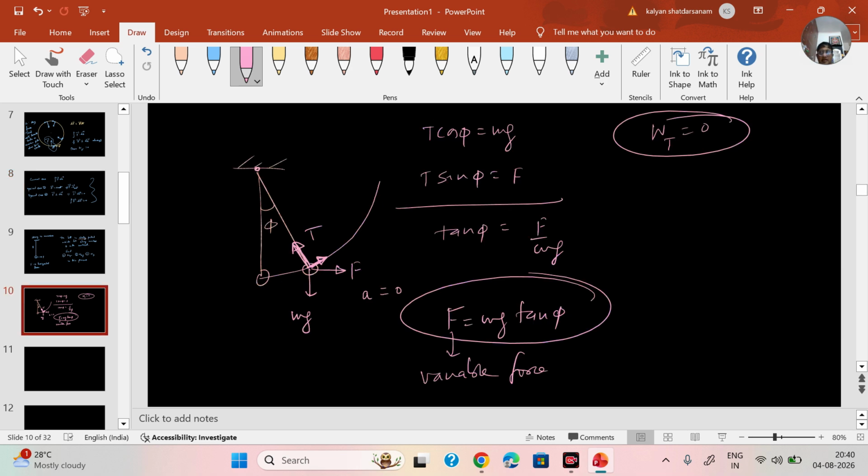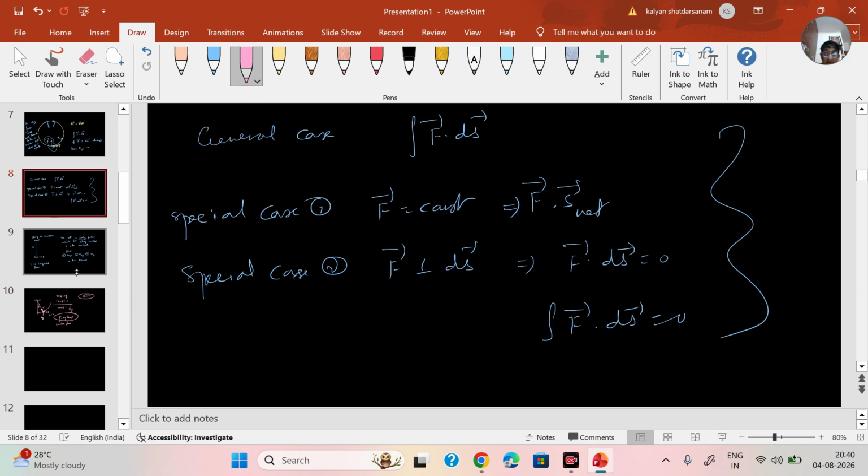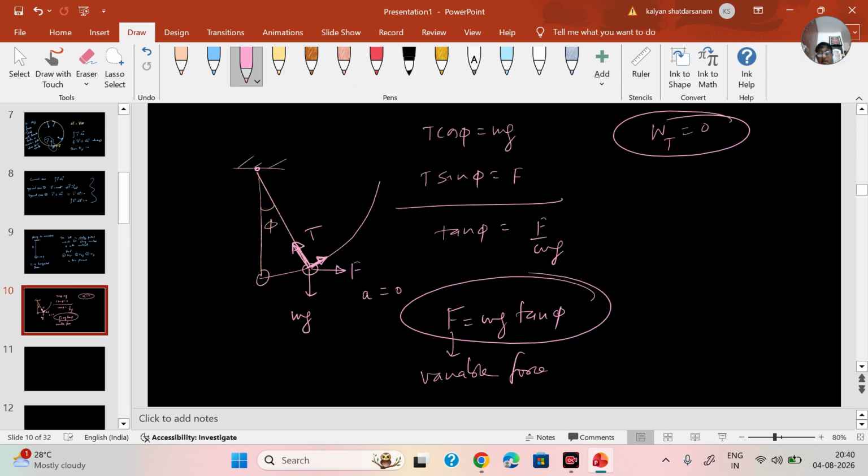That is the idea behind tension here. Next, we have to find work done by mg, which is a constant force. That goes into special case 1. So I have all the cases here. I have a variable force which is F, which changes with angle. Then I have a centripetal force which is tension. Then I have mg which is a constant force.